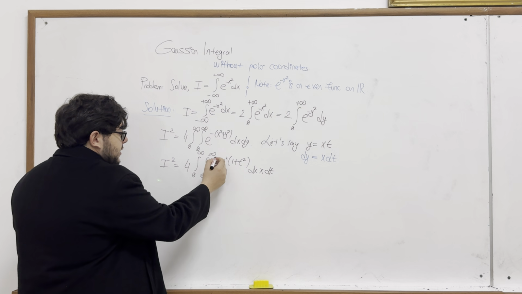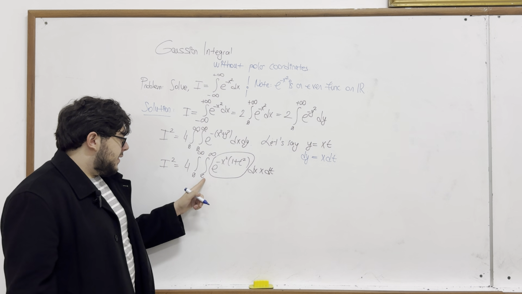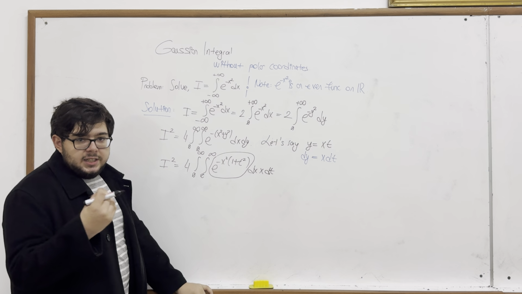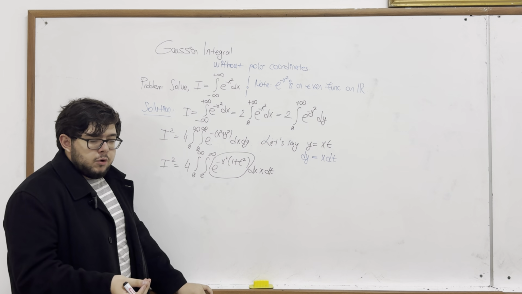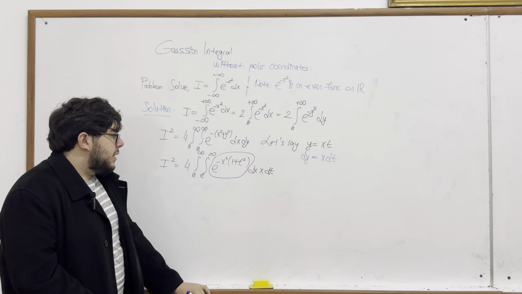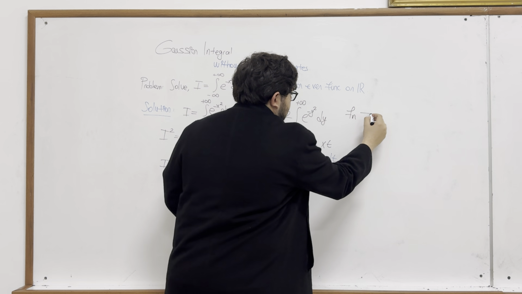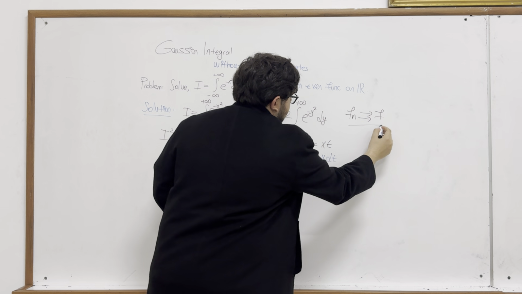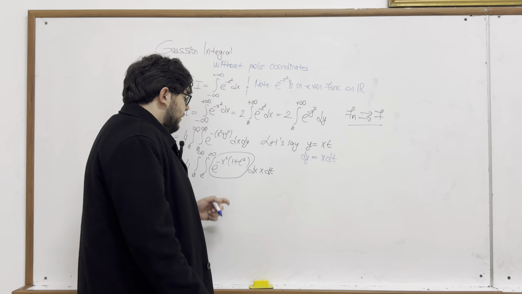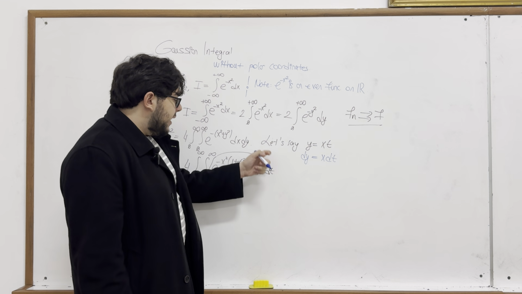Because this function is smoothly convergent on the 0 to infinity interval. What is a smooth convergent? Actually, it's an analysis three topic, but if you look at this notation, I think you will remember. This is a smoothly convergent function, so we can take this x in here.